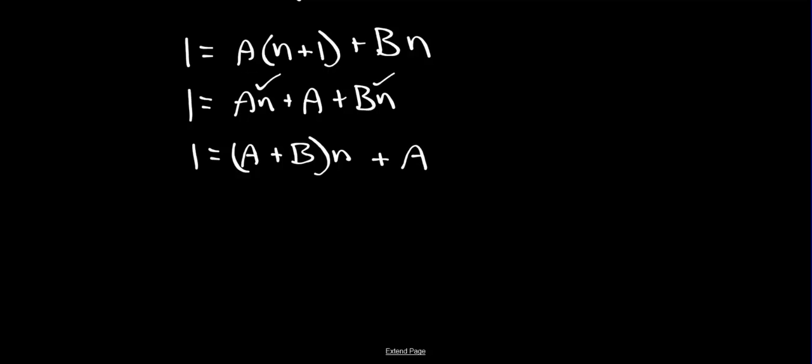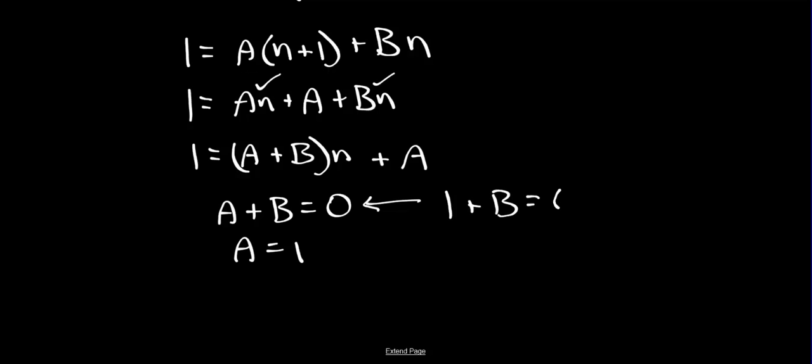Now, the thing is, there is no n over here with this 1. So a plus b must equal 0. However, a we know is 1 because that's the constant. So if a is 1, just right here putting a 1 in for a, you get that b is equal to -1.